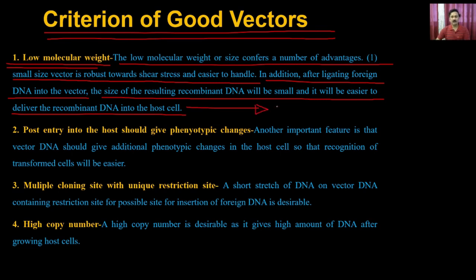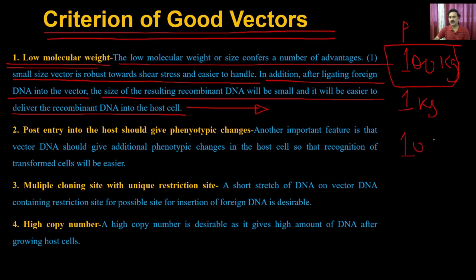You can imagine this very simply. If you want to send a packet from your hostel room to your home, you don't want the packet itself to be 100 kg, right? You want the packet to be as light as possible. Suppose your letter is only 1 kg, then the total will be 101 kg, whereas 100 kg is actually a waste, because 100 kg is your packet.